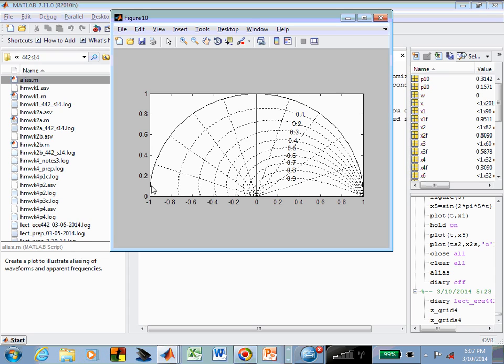If I located poles on this zeta line of point 1 versus poles on the zeta line of point 9, which ones are going to be more oscillatory or ringing or have more percent overshoot? The point 1. The closer I get to the unit circle, the more oscillatory things are going to be. And the more your heart gets squished, the less ringing you will have.